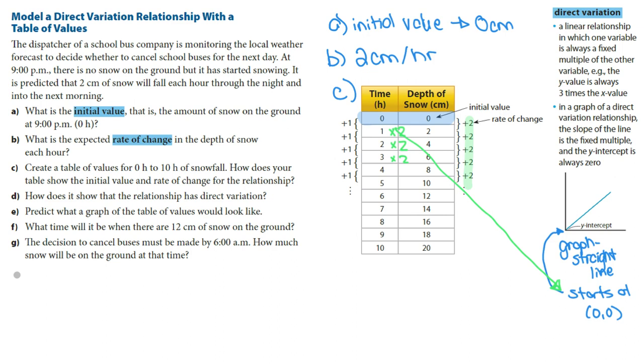Just like in our earlier example, where the y value is always 3 times the x value, in this case the y value is always 2 times the x value, which means that the rate of change, or the slope, will be 2.